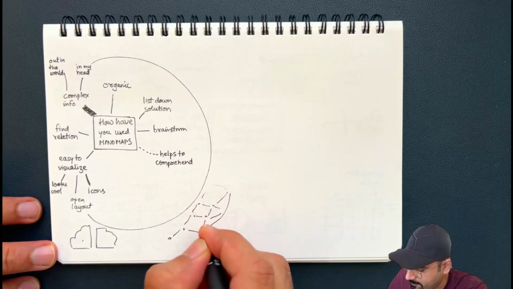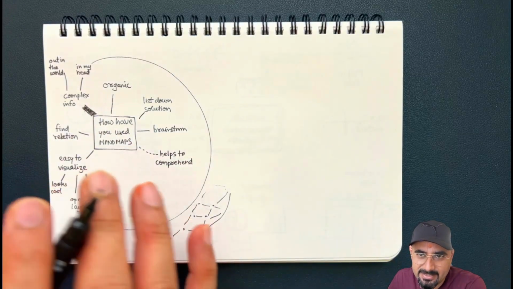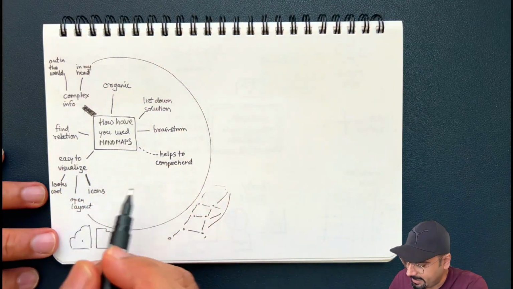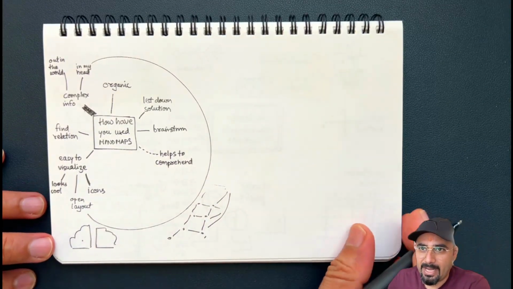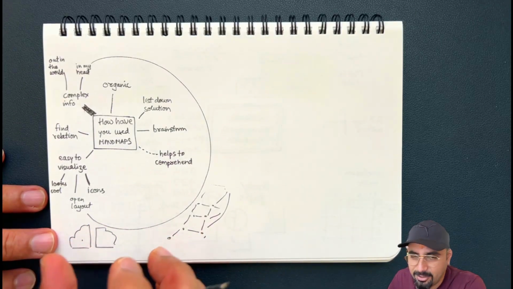So this structure is actually a reflection of what is going on in our head, and that's what comes out on the mind map.